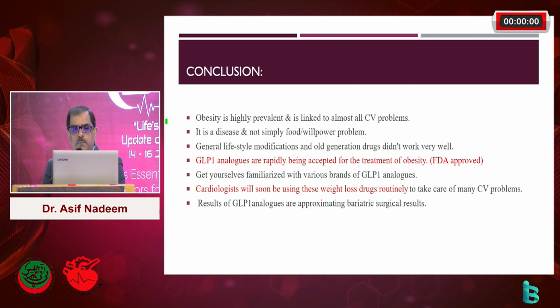GLP-1 analogs are rapidly being accepted for the treatment of obesity, and they are FDA approved. Get yourself familiarized with various brands of GLP-1 analogs. Cardiologists will soon be using these weight loss drugs routinely to take care of many cardiovascular problems of their patients, and results of GLP-1 analogs are approximating bariatric surgical results. Thank you very much.